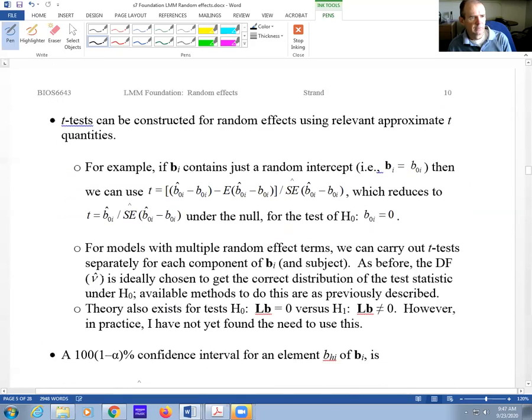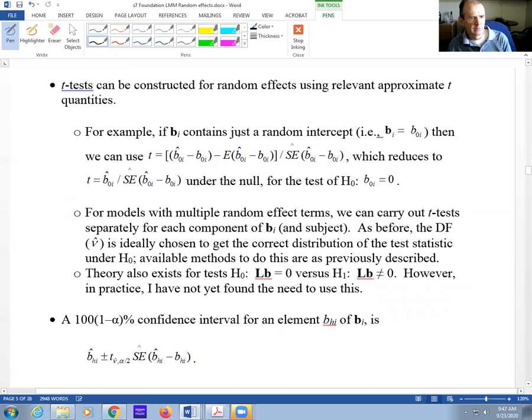So for example, if we do just a simple random intercept, our t-test can reduce down to our random intercept for a given subject divided by the standard error of that estimate minus the actual value. So that's what our t quantity would be for our test. And that would be testing for that one subject: is their random effect estimate 0 or not?